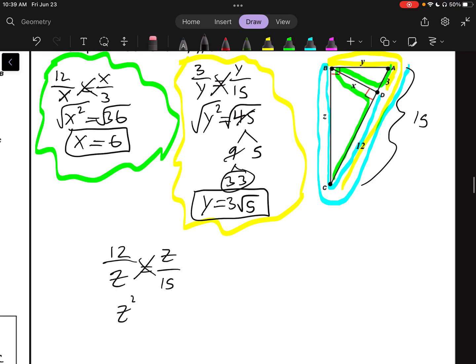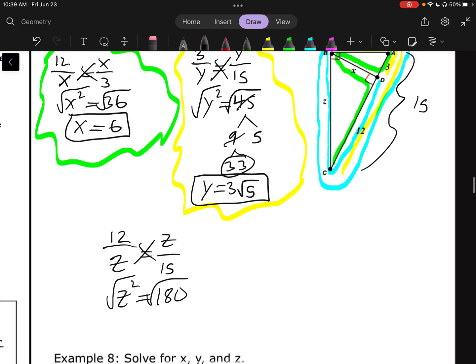Z times z is z squared. 12 times 15 is 180. 180 is not a perfect square, but I could do 36 and 5.